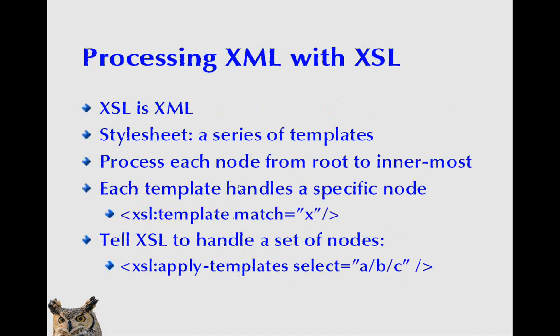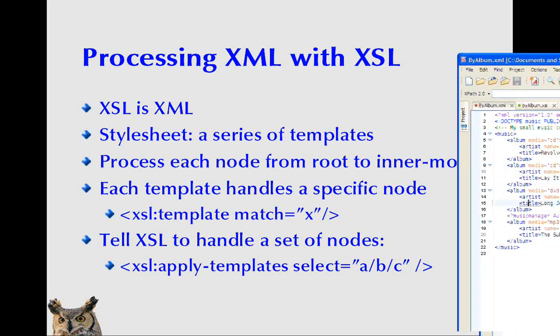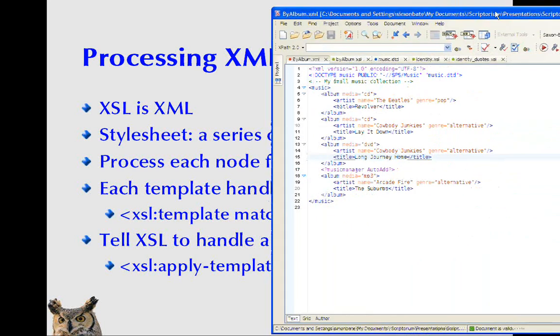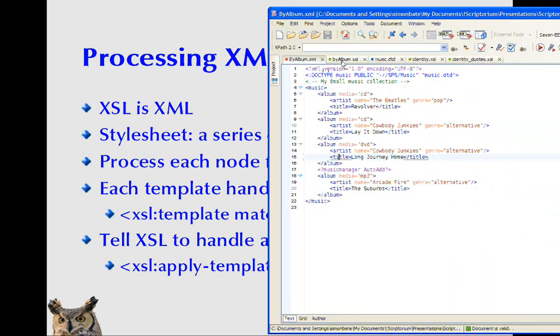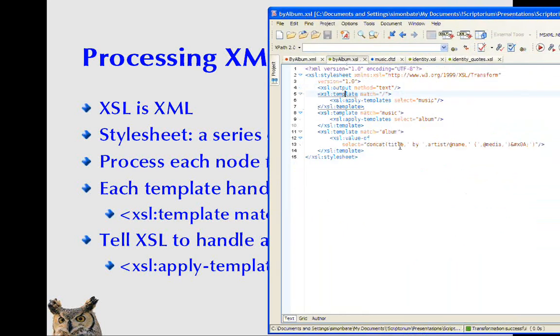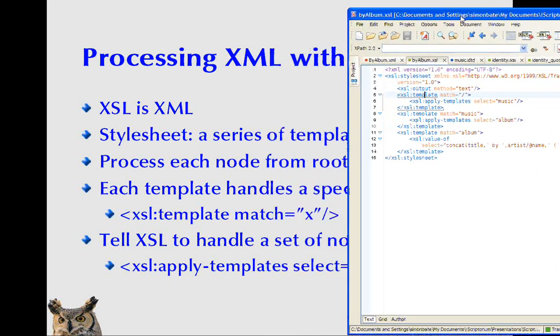So, XSL itself. The first thing to say is XSL is XML. So we use XML to write XSL, and XSL is nothing more than a series of templates. We can show a simple XSL template here, and I'll have this on the side while we talk through it.